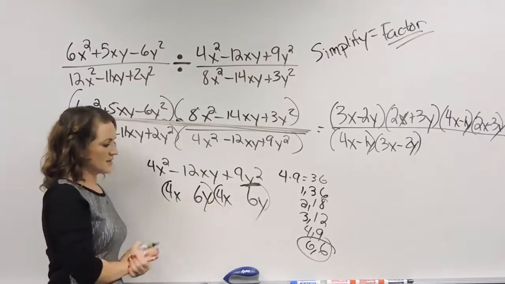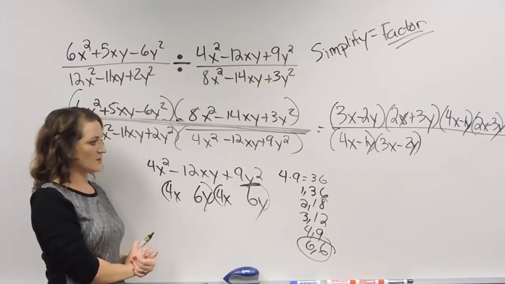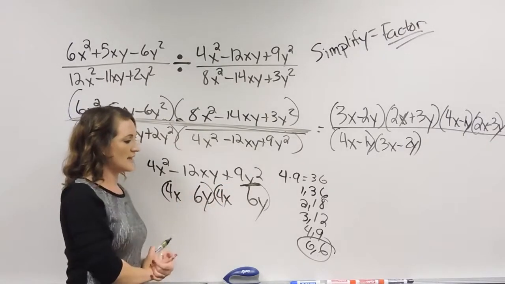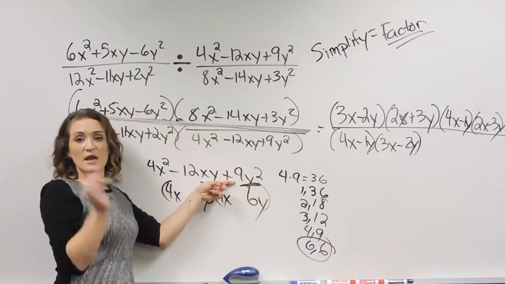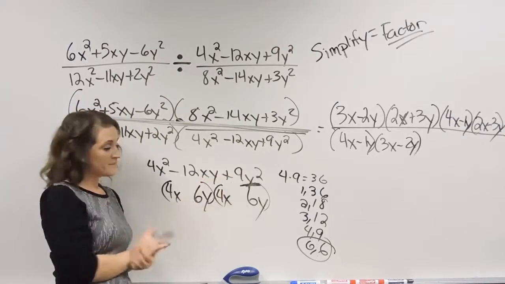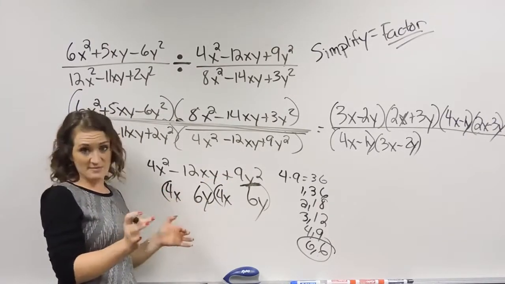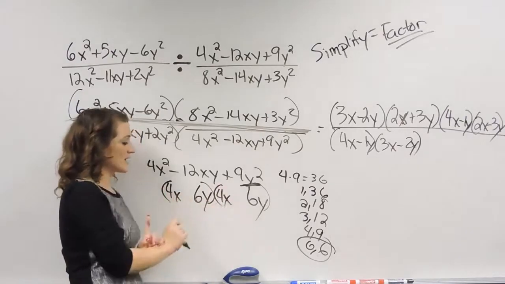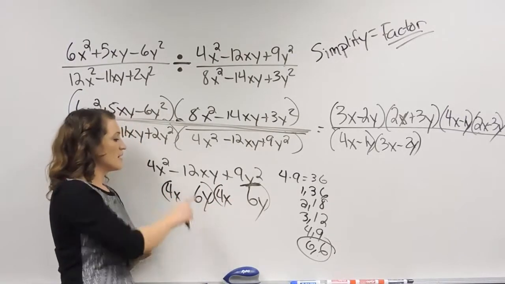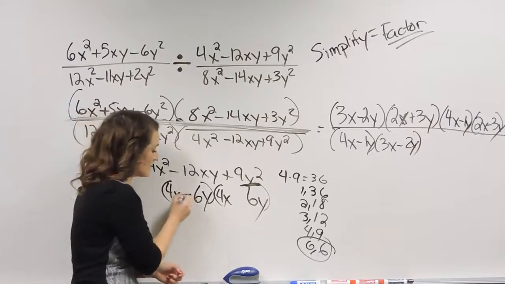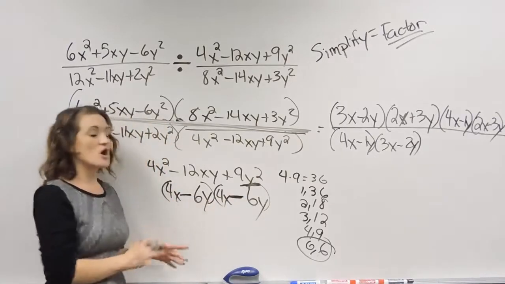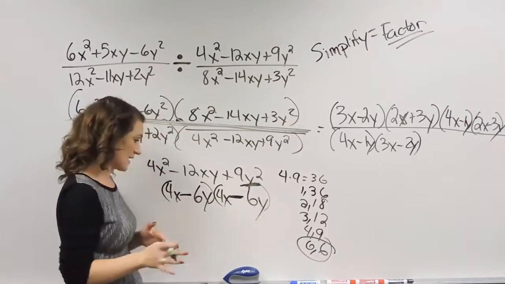They're both the same number here. So that means I'm going to have to go back over here and look at this 9. This 9 is positive. And remember, same signs positive. So I know they have to have the same signs, so either both negative or both positive. But because this middle term is negative, that gives me the clue that I need to know that they're both going to be negative.